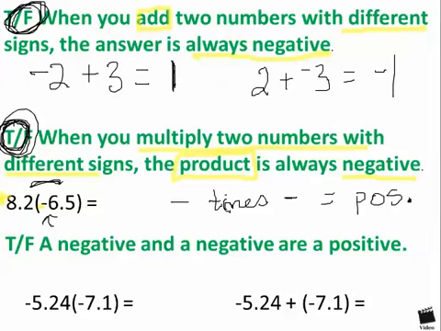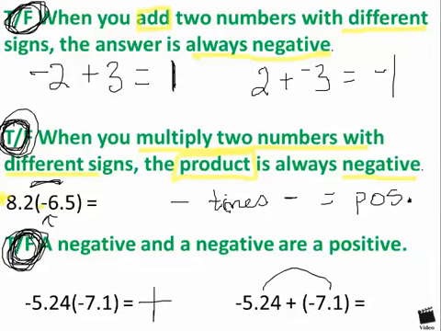Right at the bottom here, true or false? A negative and a negative are positive. This is one of my favorite questions that ninth grade students ask. The answer is false. And I think we showed that in the first two questions. A negative and a negative are going to be positive if you're multiplying.